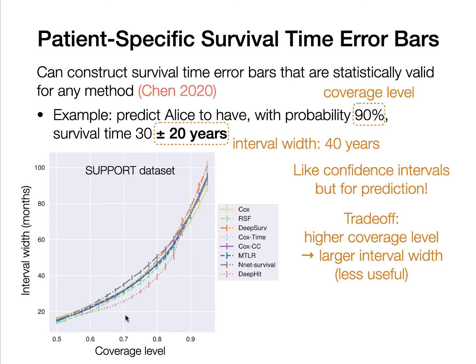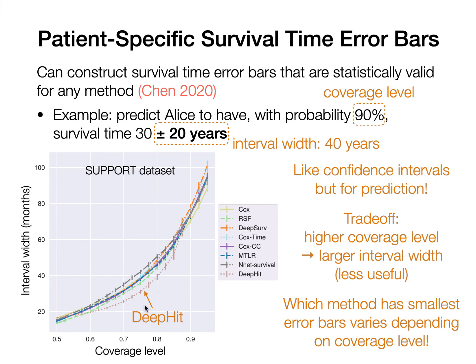For example, let's say you're like, oh, I want a coverage level of 70% and I want the lowest interval width possible. What achieves that? In this example, it'll turn out to be a DeepHit. Okay, whereas if you want a high coverage level and as low of an interval width as possible, it'll be a Cox model.